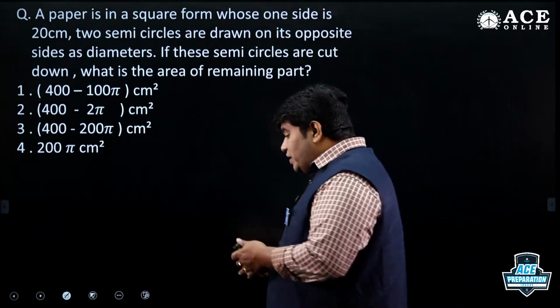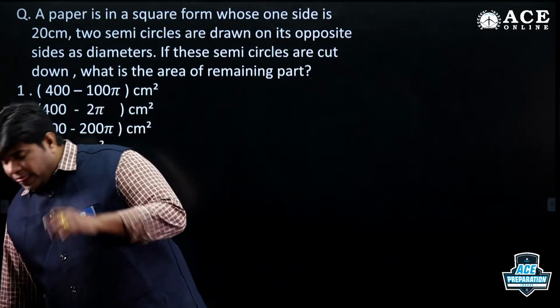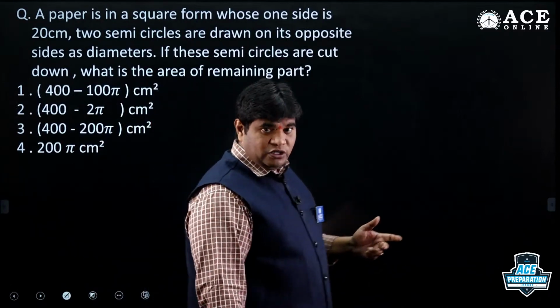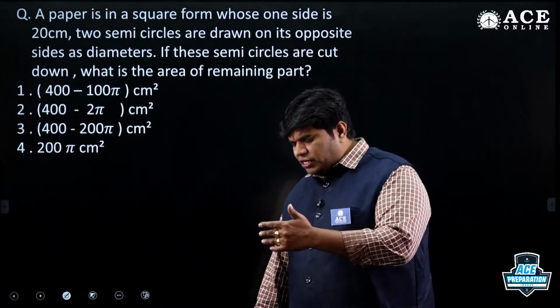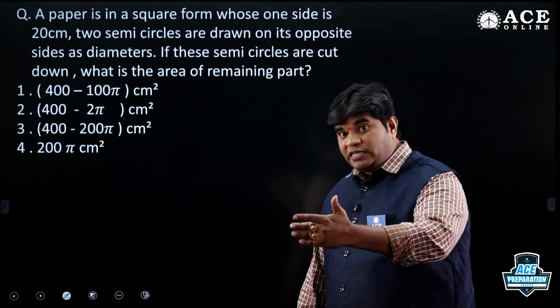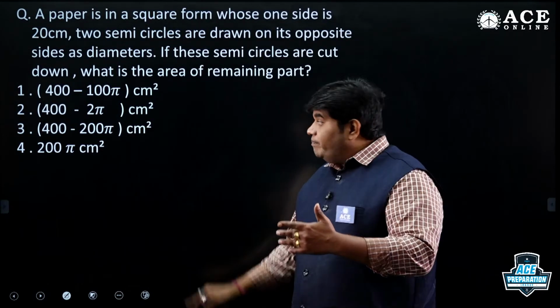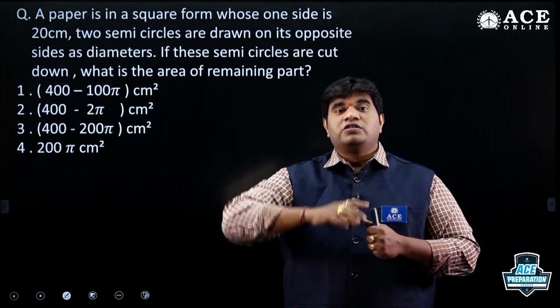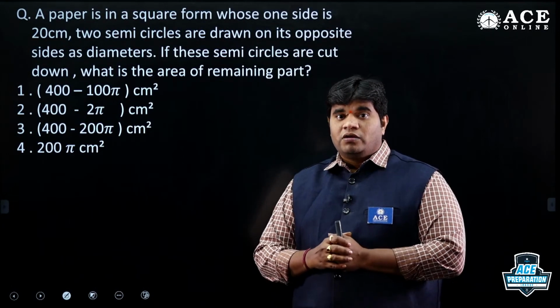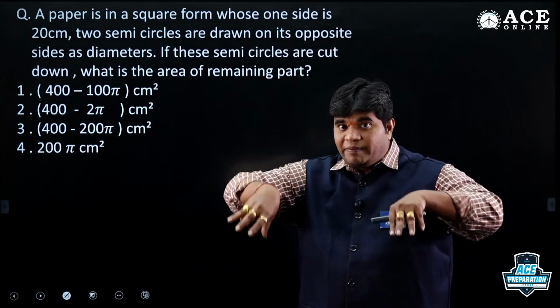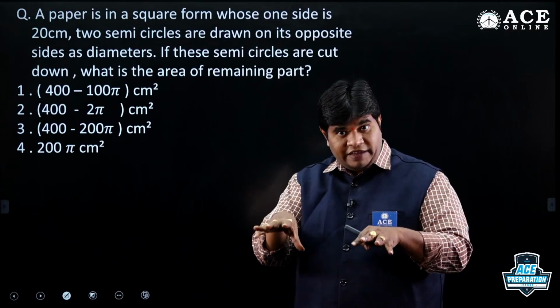This type of question, friends. Based on the last 5-6 years of papers I observed, this type of question was given 4 times. Paper folded, what is the remaining part area? This type of question they given.